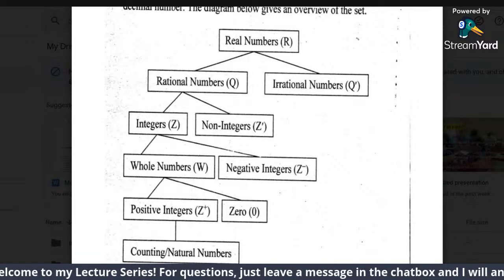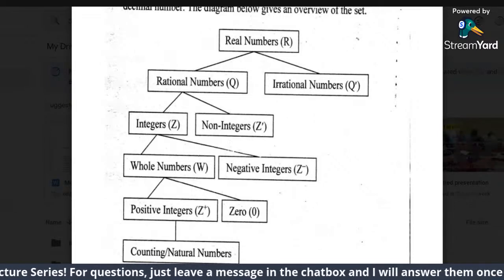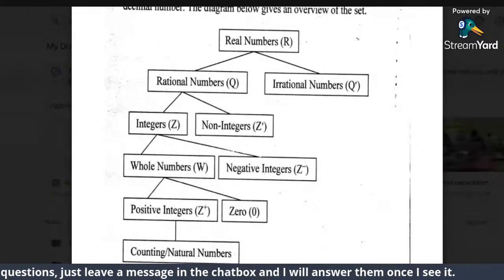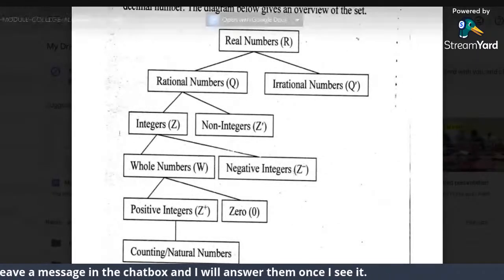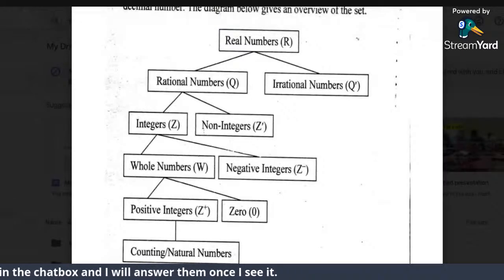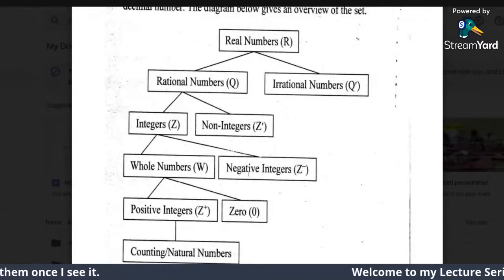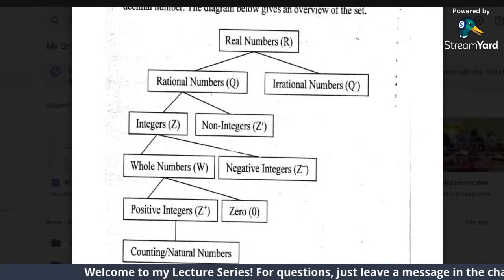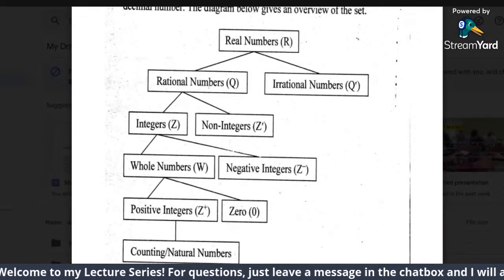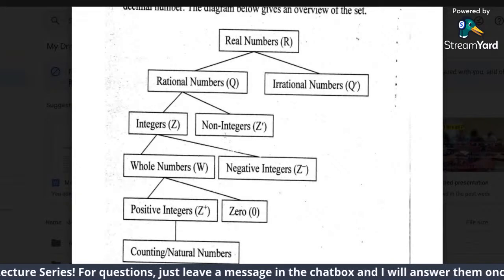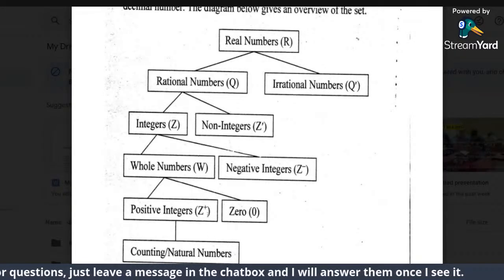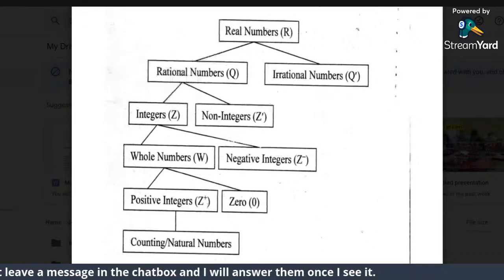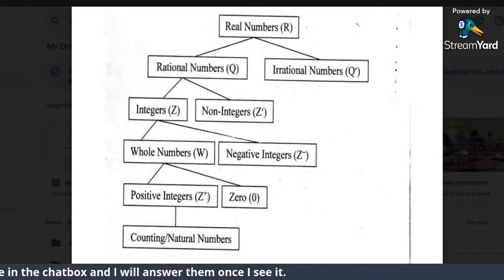The answer is no, because negative integers Z minus are under integers, and integers are not non-integers, obviously. So negative numbers are not subsets of non-integers, but negative numbers are subsets of the rational numbers Q. That's how you interpret your real number diagram here.